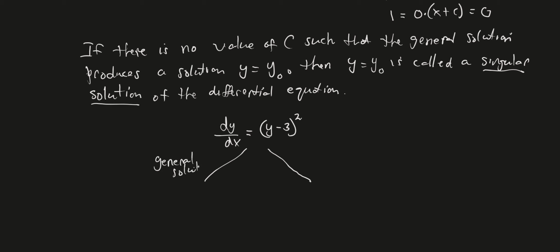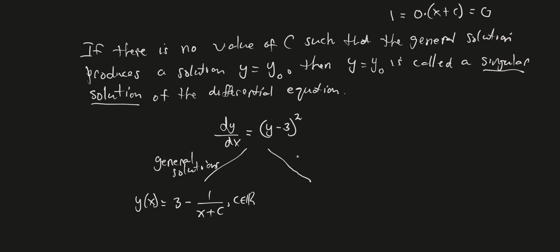These are the solutions that we get via a specific process, usually involving calculus. Our general solutions are of this form: 3 minus 1 over x plus c, where c can be any real number.